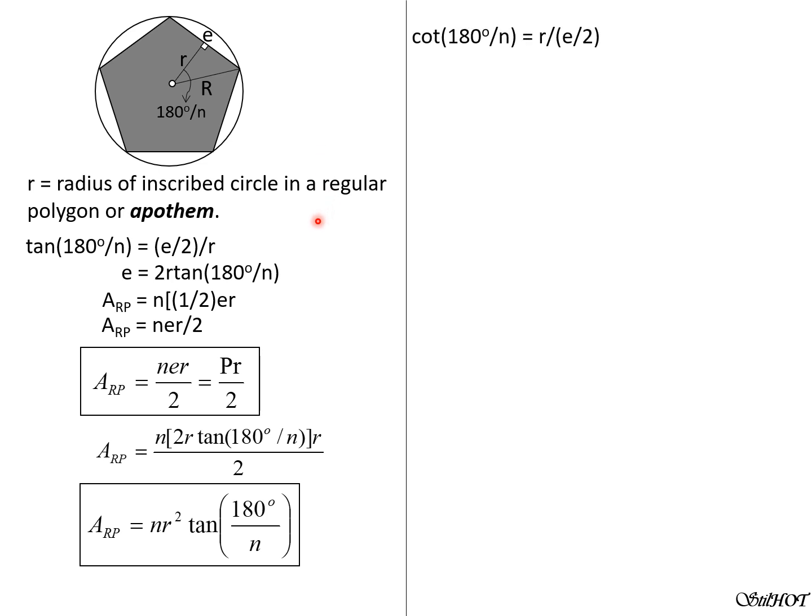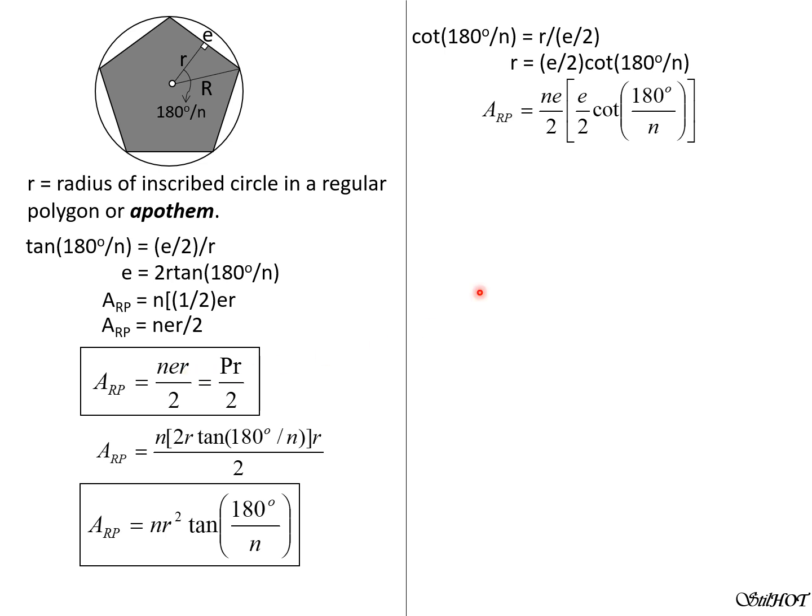Since cotangent of 180 degrees over n is R over the opposite side E over 2, so R is E over 2 cotangent of 180 degrees over n. So substitute here, we replace R in terms of E. So area of regular polygon equals nE over 2 times R, and R is E over 2 cotangent 180 degrees over n.